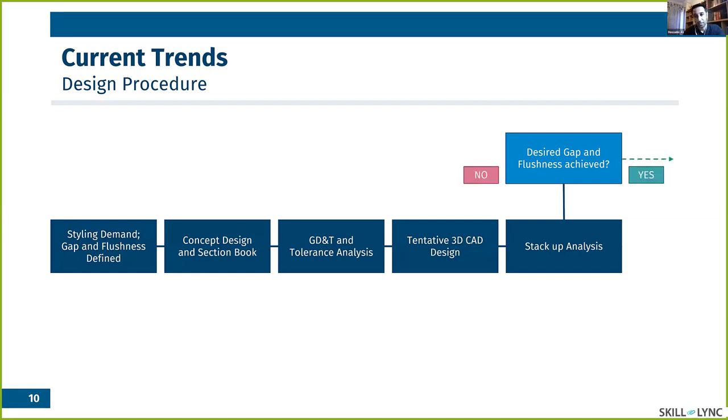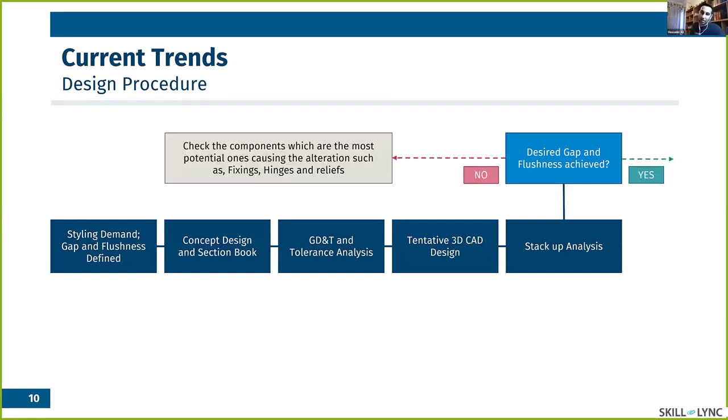But if not, we should return to our design by checking the components which are the most likely to be causing the alteration, such as fixings, hinges, and reliefs. I mean that we may need to look at the holes in different components which might be a little bit tight, and we should give them more relief so that we can adjust the gap and flushnesses better.